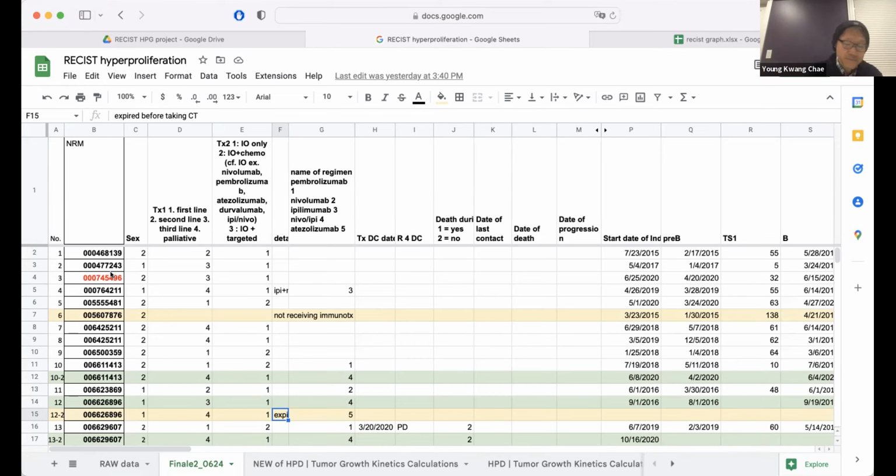But anyway, I think it's good to show the RECIST-based, I mean, they're all RECIST-based, all the 3 definitions that we used.